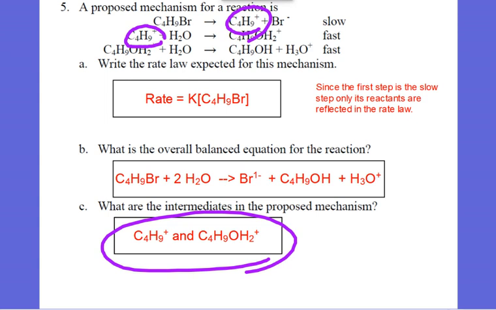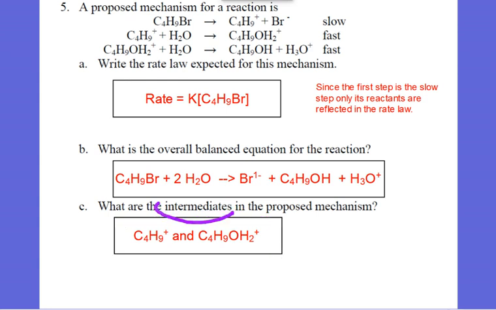It's temporarily around, and that temporary existence of one of these compounds, in production and usage, is called an intermediate chemical or intermediate compound. You can remove it from the total or overall equation. It's required, it has to be produced, but you don't see it from your outside perspective.